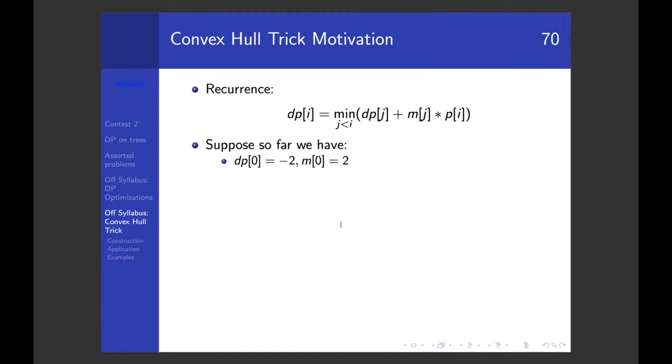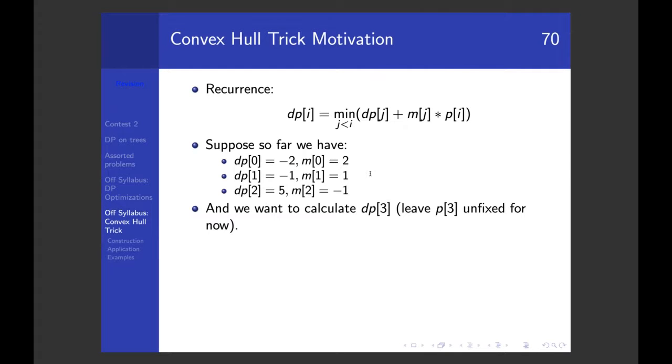So, for example, let's say so far we've found dp[0] is -2, m[0] is 2, and we found the rest of these. Let's say we want to calculate dp[3]. And for now, we're not going to say what p[3] is yet. Then we have a line with slope 2, intercept -2, slope 1, intercept -1, slope -1, intercept 5.